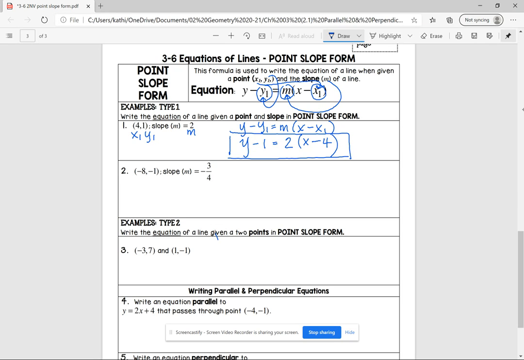Let's try number 2 with some negatives. So I have x1, y1, and my slope. So y minus y1 is negative 1 equals my slope, negative 3/4, times x minus, and x1 is negative 8.